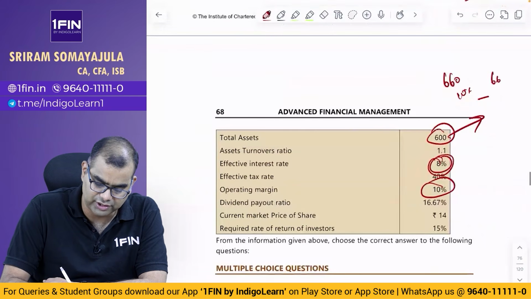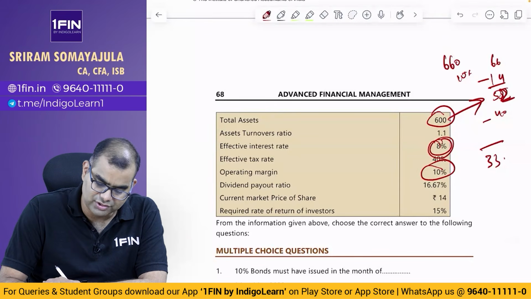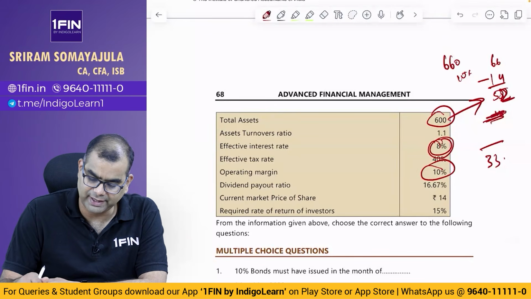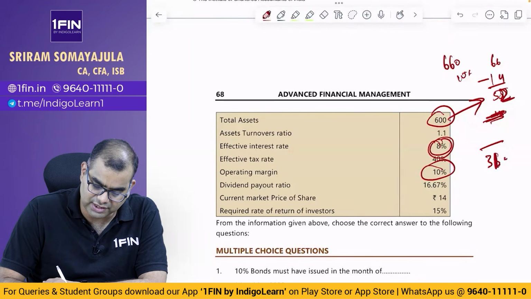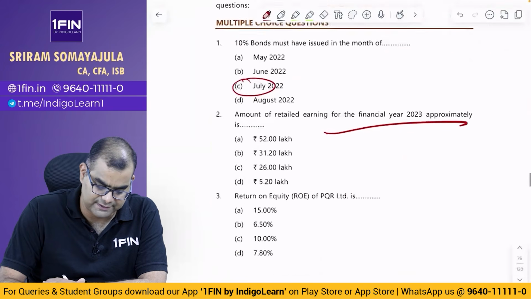So you subtract 14, you get PBT, which is 66 minus 14 is 52. So from 52, you subtract 40% tax, so into 0.6 is 31.2. Out of this 31.2, you pay off 16.67%, divided by 6, so 31.2 minus 5.2, you get 26.